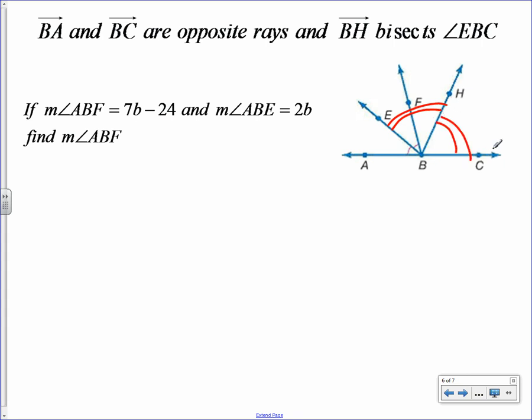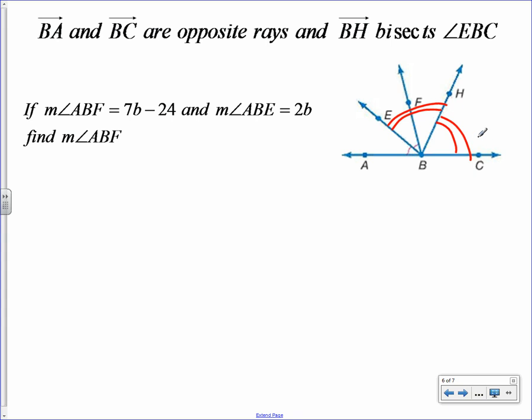Take a minute, look at that again. All I'm even doing is reading the directions. I haven't even read the question yet. Does that make sense? So I know that this is a line. It adds up to 180 degrees. They said this ray, BH, bisects angle EBC. So what that means is it cuts it into 2 congruent pieces. So angle EBH is congruent to angle HBC.